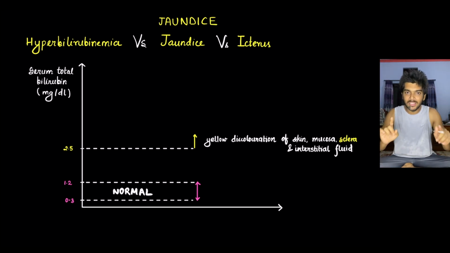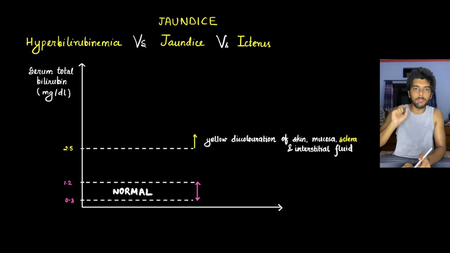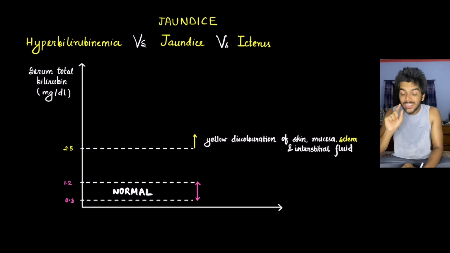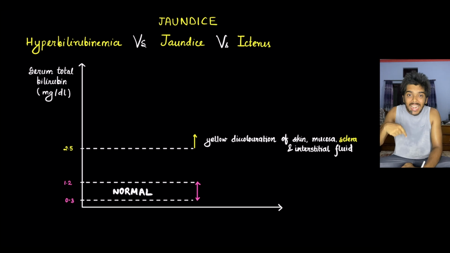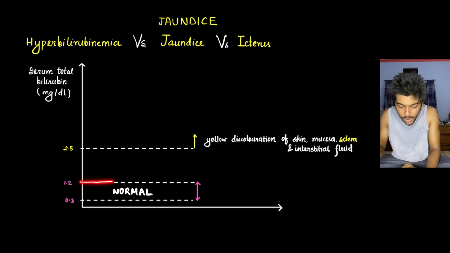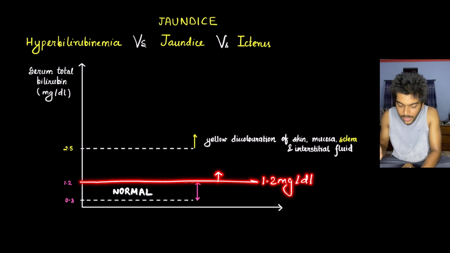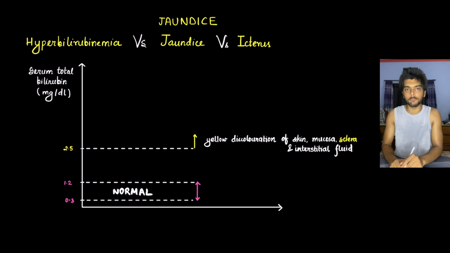So finally, the definition. First, hyperbilirubinemia: when the level of total serum bilirubin is greater than the upper normal limit, greater than 1.2 milligram per deciliter, we refer to it as hyperbilirubinemia.